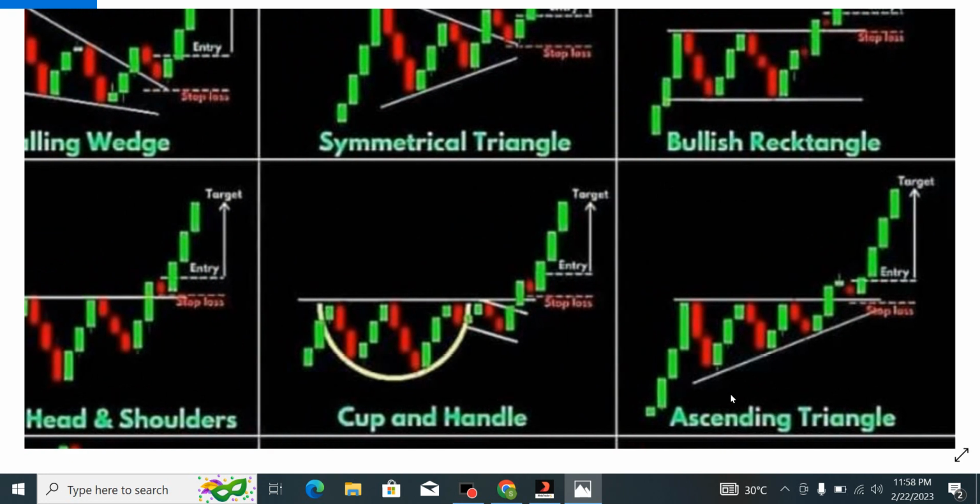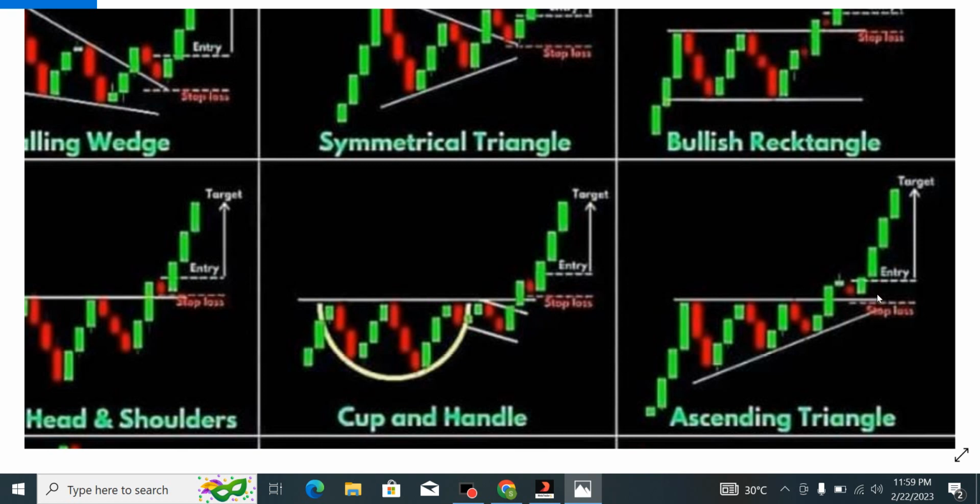Okay, this is another one. This is the ascending triangle. The ascending triangle is in this form. This is going into a bullish pattern, got to this resistance zone, was unable to pull through, and of course came back, went back up again, came back again, but didn't get to the initial place. And of course went back up, still came back, and this time around it broke out above it.